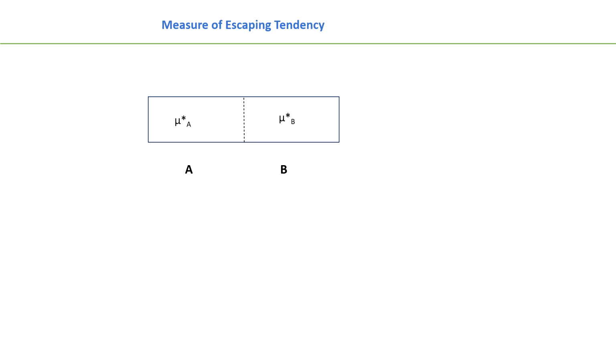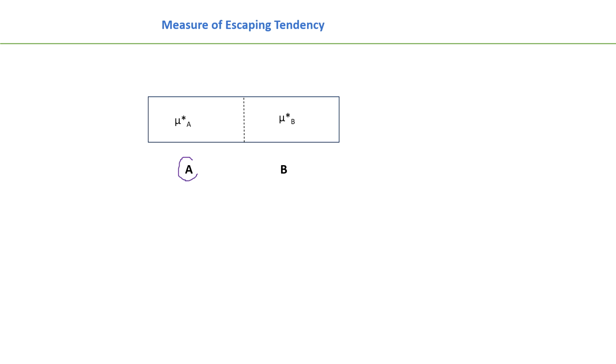Now we know that chemical potential is a measure of escaping tendency, right? So I will explain here why it is called the measure of escaping tendency. This is an isolated system.